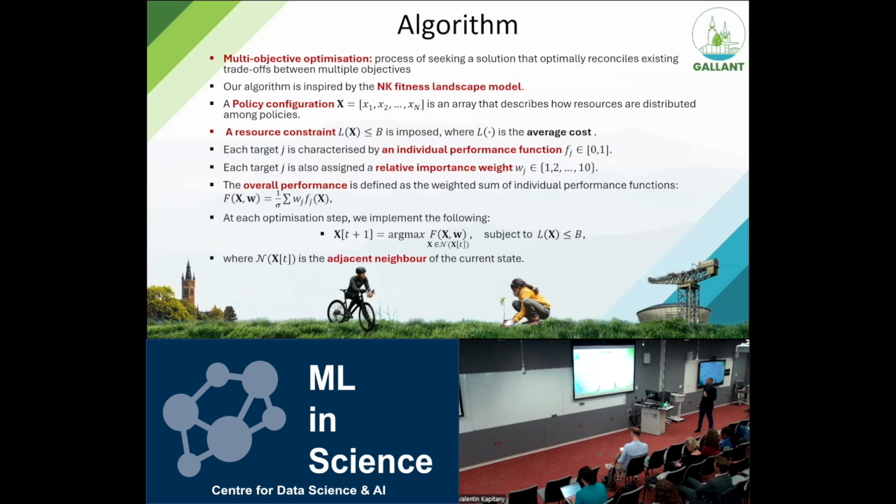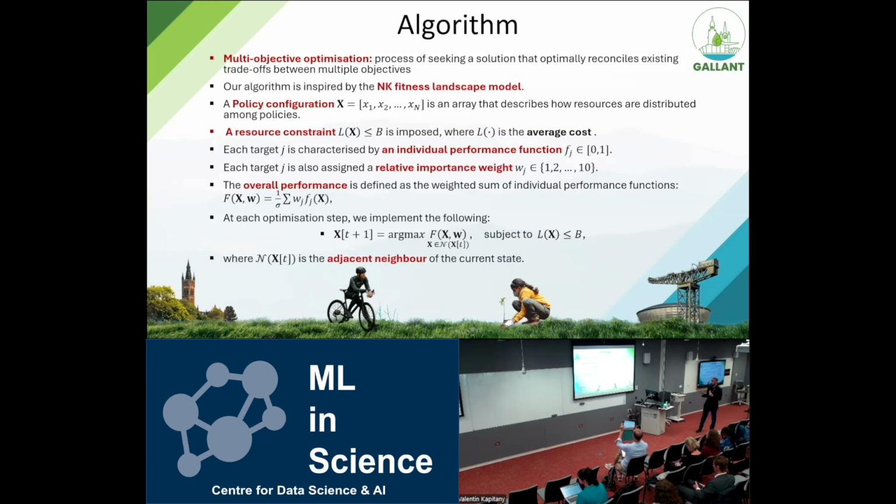So the general idea of multi-objective optimization models is to find a solution that optimally reconciles conflicting objectives, or in our case, conflicting targets. So for our purposes, we use an evolutionary algorithm called the NK-fitness landscape.